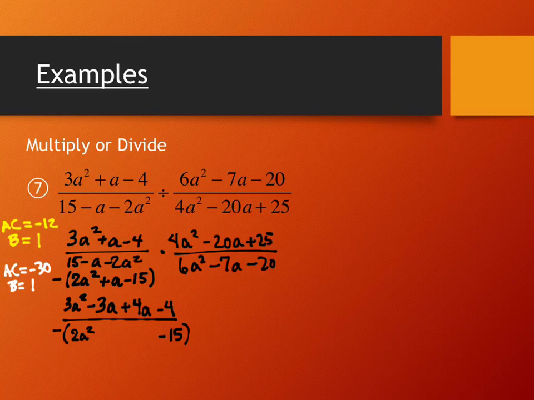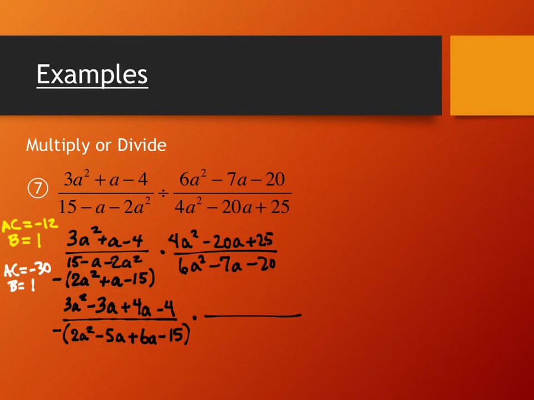All right, so I need 2 numbers that multiply to negative 30 and add to 1. Negative 5 and positive 6. In either order, so I'll put my negative 5 here, and then positive 6a here. Right? Those multiply to negative 30, add to positive 1. We're halfway done with all the factoring.